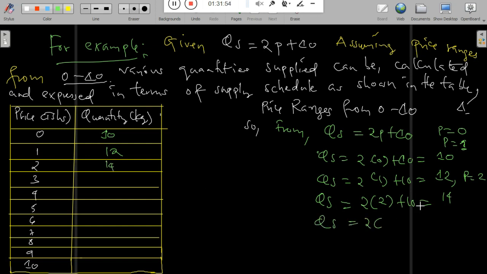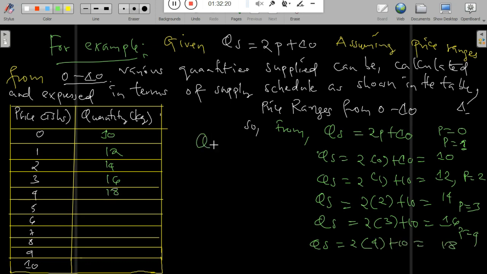When you plug in the value 3 inside the quantity supply equation, you obtain 6 plus 10, that is 16. When you plug in 4, the same applies and you obtain the answer. So you do the same for all values you need to find.